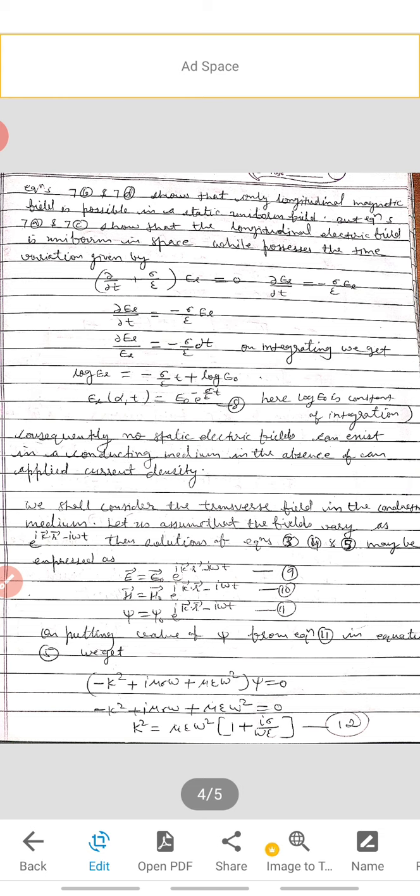On putting the values of psi from equation 11 in equation 5 we get minus k square plus iota mu sigma omega plus mu epsilon omega square into psi, and finally k square is equal to mu epsilon omega square into 1 plus iota sigma divided by omega epsilon.